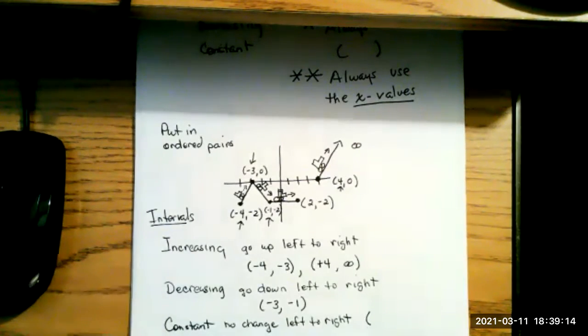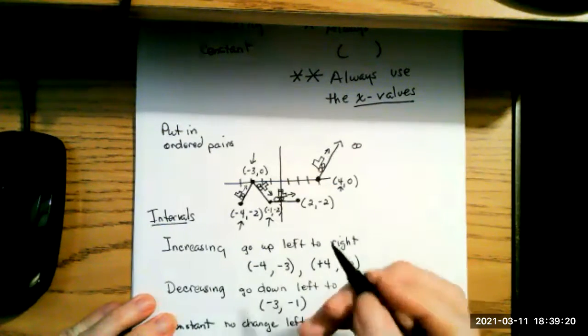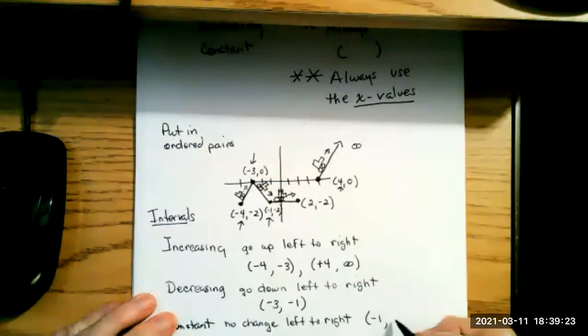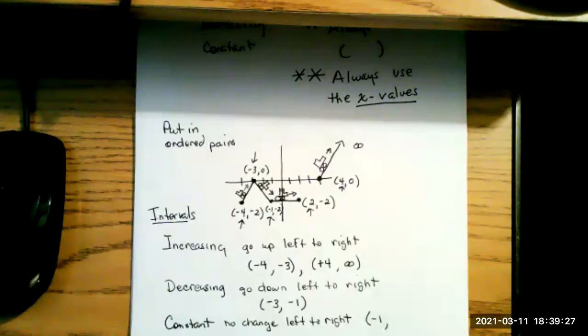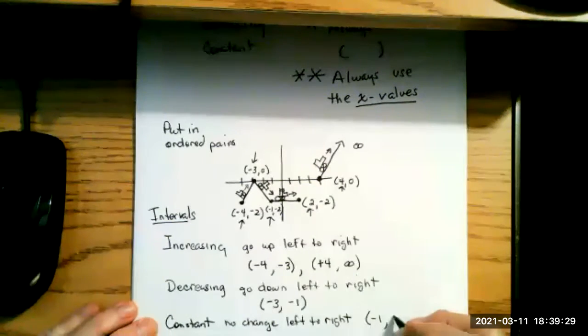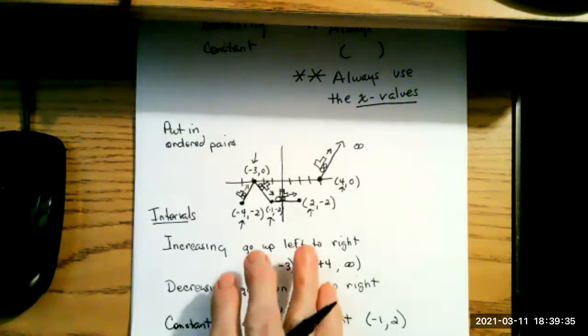So where does it start being constant? -1. And where does it stop being constant? -2. Nope, close. Oh, 2. Shoot. Okay, 2, because you have to use the x values.